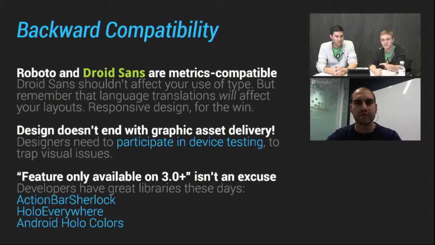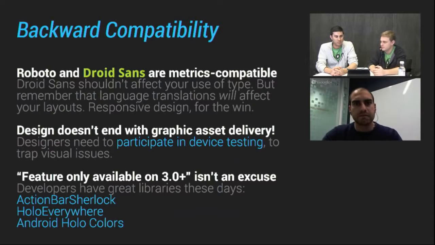And so as a designer, you should try to introduce yourself into the QA process. Not obviously full time, but spend some time making sure that you're testing the output on earlier versions of the platform as well as different devices, so you just get a feel for what it looks like. And there's a bunch of continuous integration tools that test your app on different versions and will produce screenshots, and you can take a look at a screenshot generated on an older or smaller device, which will help you here.